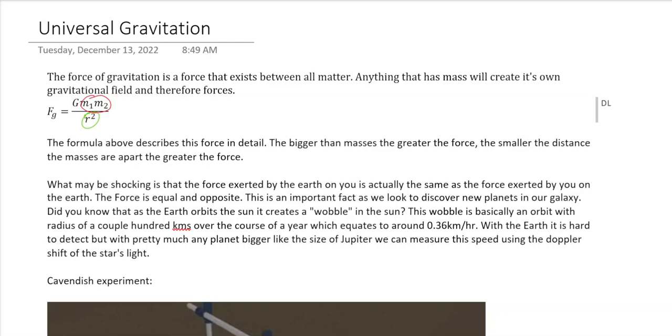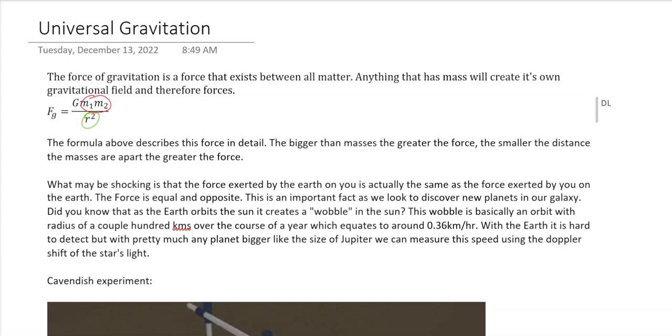And because it doesn't experience much of an acceleration, it doesn't experience much of an orbit. The radius of the orbit is somewhere around 500 kilometers over the course of a year, which is pretty darn slow.